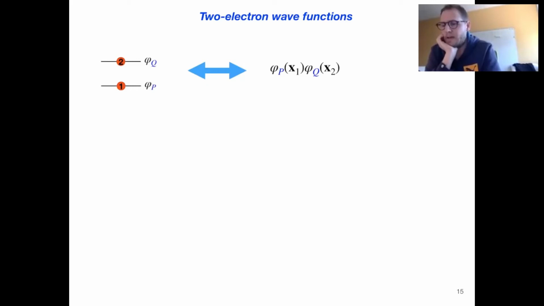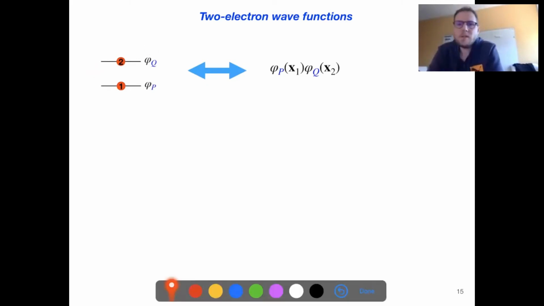Typically, if you would like to assign the first electron to the spin orbital phi p and the second one to the spin orbital phi q, the question is, how do you write the many-body wave function like this? The simplest thing you can do is take the first spin orbital and evaluate it at the position and spin of the first electron, and then take the other spin orbital and put inside the coordinates of the second electron, okay?